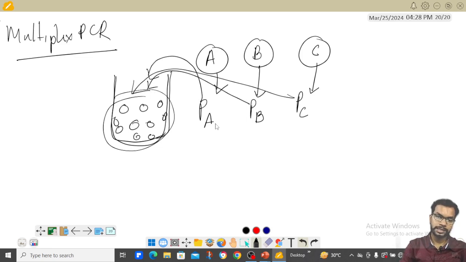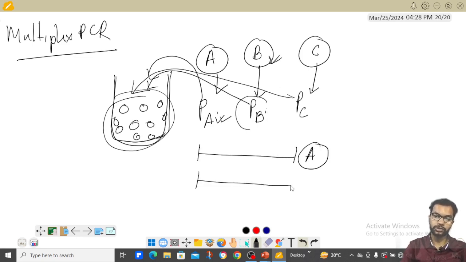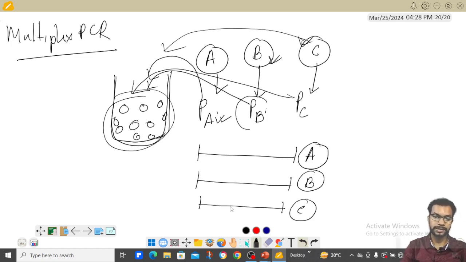If gene segment A is present, then we will get an amplified portion of gene segment A. If B segment is present, then we will also get an amplified portion of B segment. And if C segment is also present, then you will get an amplified portion of C segment.